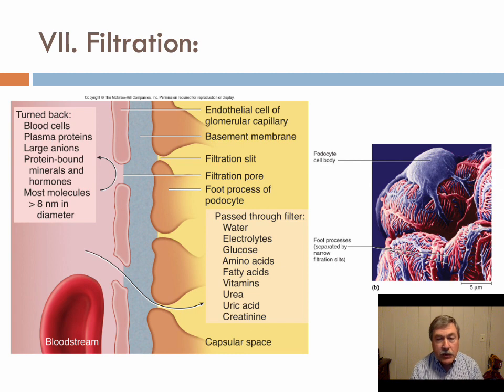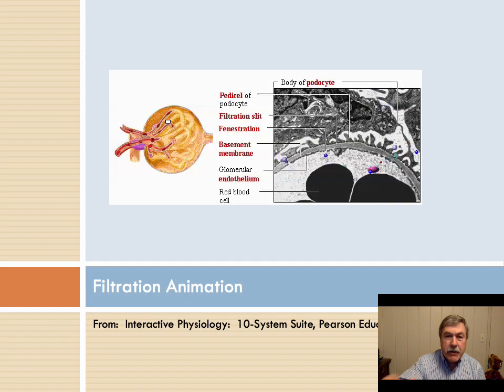Plus, it contains water, electrolytes, small nutrient molecules like glucose, amino acids, fatty acids, vitamins, and waste products such as urea, uric acid, and creatinine. On blood and urine composition if the filtration membrane is damaged or destroyed.